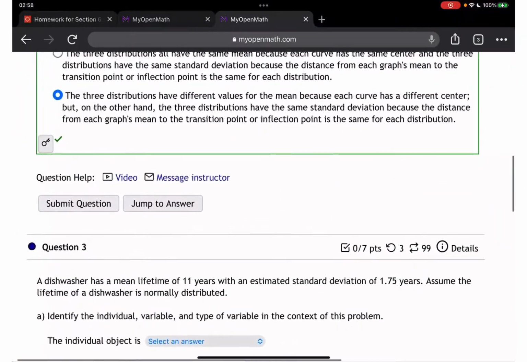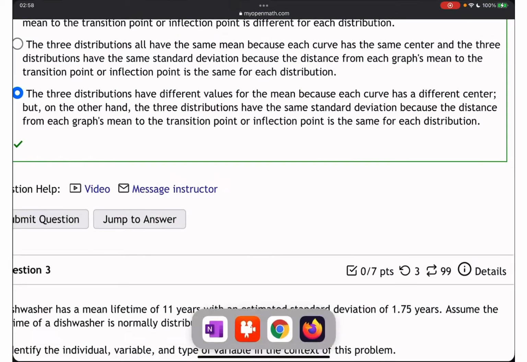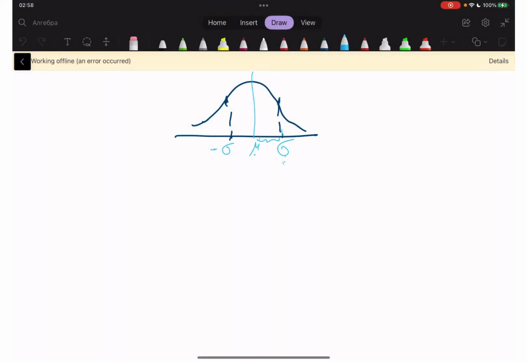Bingo. So there can also be a case when you have a graph like this one, and let's say this one.